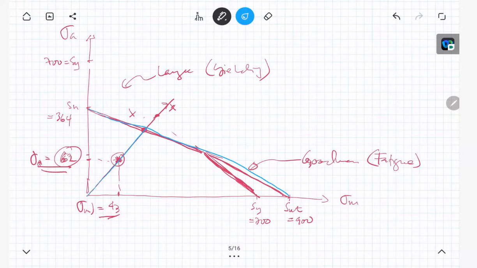Then you will get this value, the maximum. So this value is divided by this value.